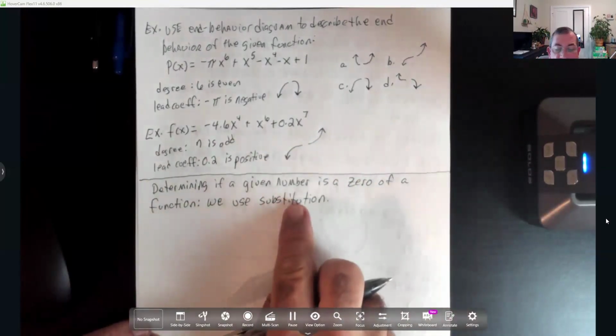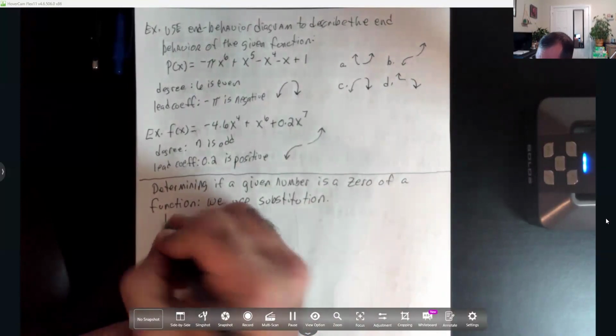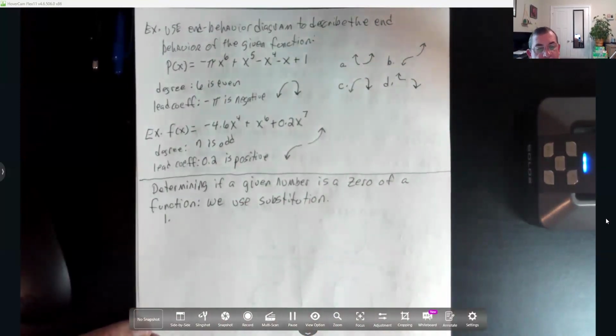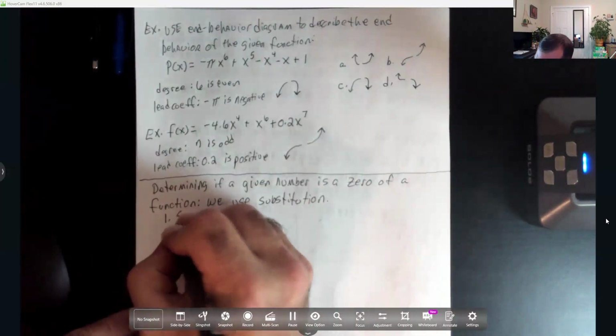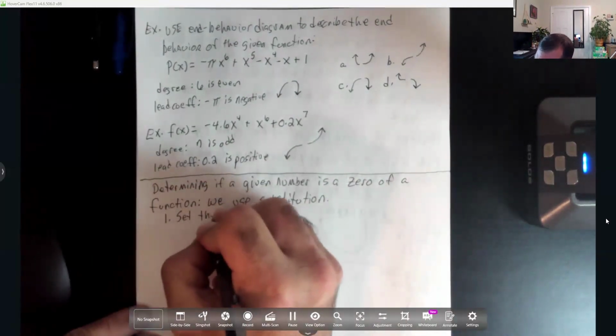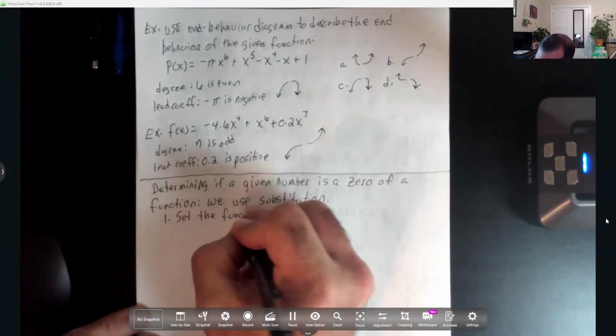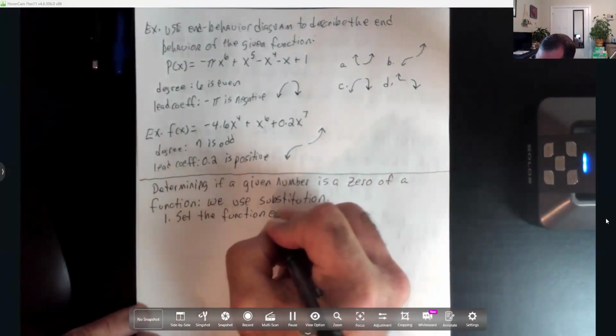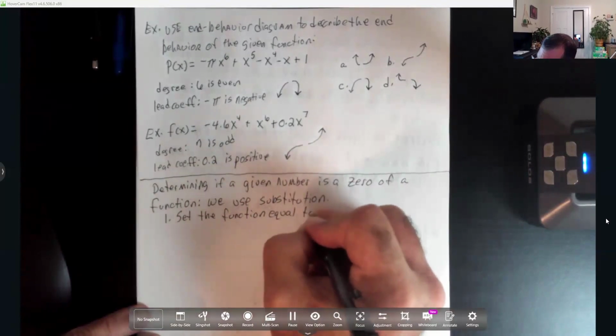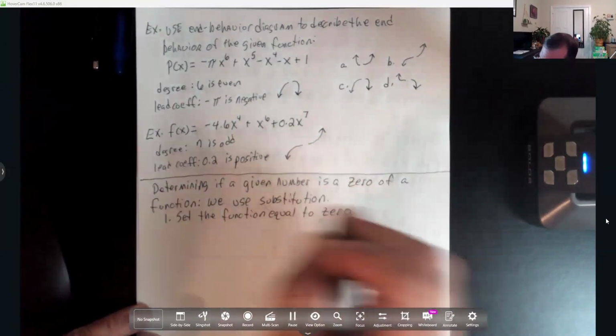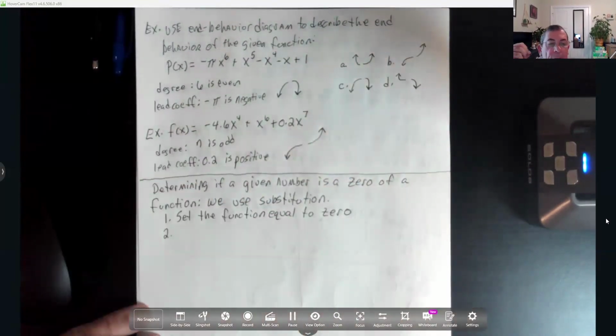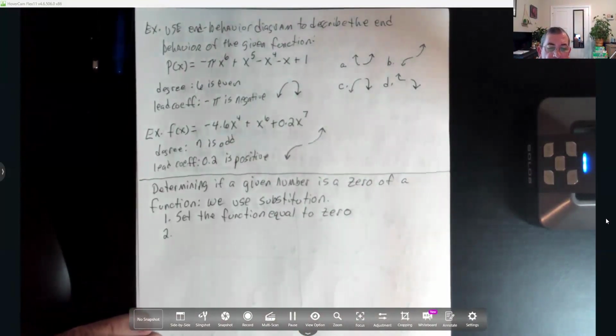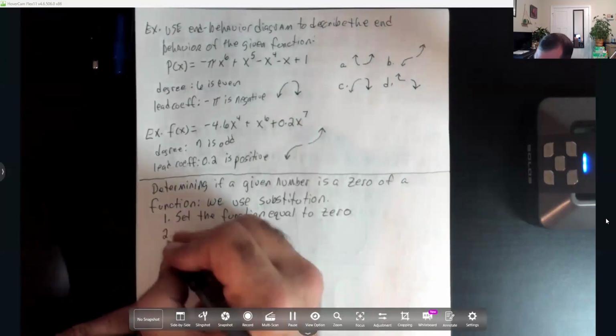To use substitution, the first thing we do is set the function equal to 0. Then we substitute the value given for the variable.